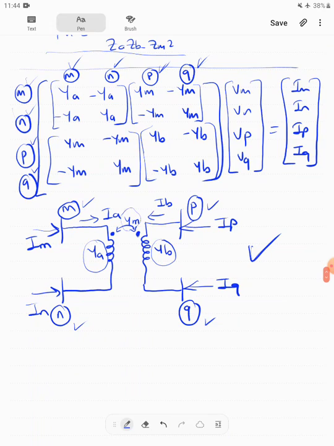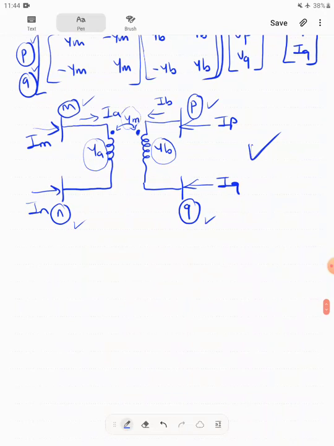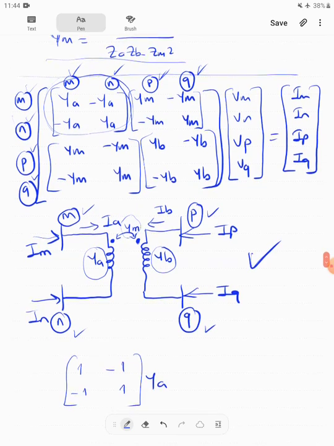When I come to this square matrix, let me mark. You see this square matrix can be written also like this: 1, minus 1, minus 1, 1, because Ya is the constant multiplication term.